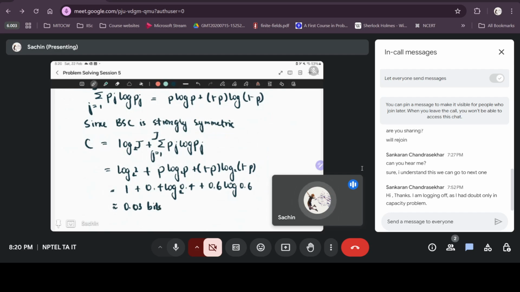That's because log of 0.4 and 0.6 are less than 1, so log of those quantities will be negative. So you are subtracting 0.4 times some negative number, and 0.6 times some other negative number from 1. So the capacity is less than 1.